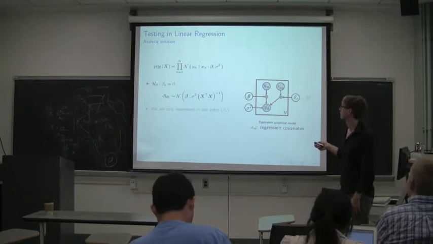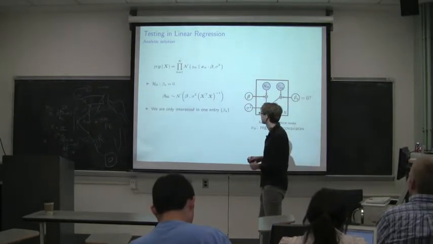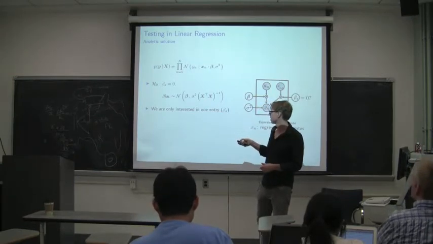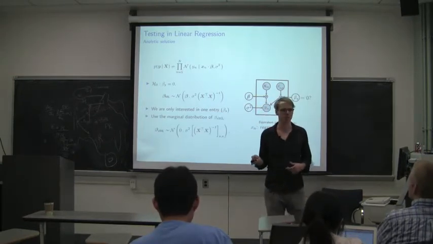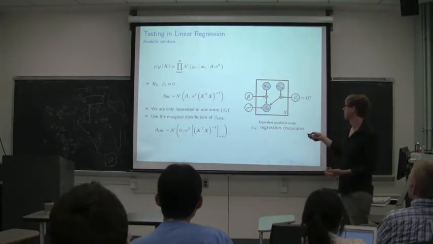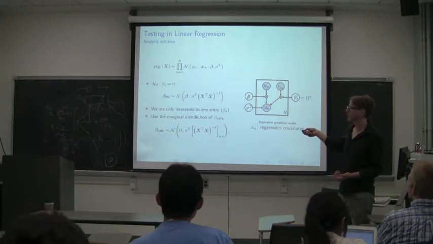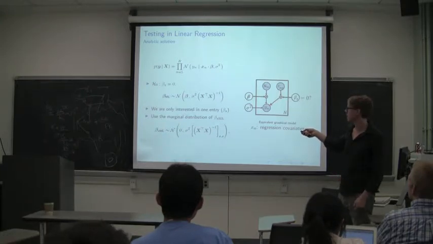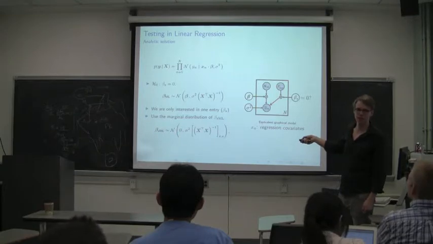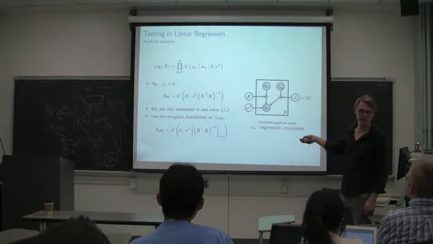And, well, in our test, we're only interested in one entry of this vector. So let's just use the marginal distribution. And we said, how can we do a marginal distribution in a Gaussian? Well, we take the whole mean, and we only take the one entry in the mean that we're interested in, which is beta s, null, which is 0 under the null hypothesis.